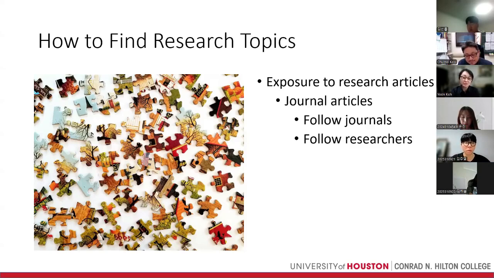Whenever they publish new articles, you receive an email with the title and journal, and you get ideas and constantly keep updated about that researcher's most recent research. That is another way to expose yourself to research, but also find an interesting topic for your next research.